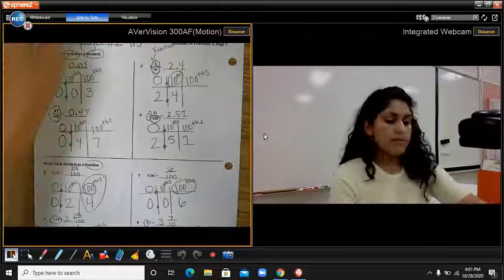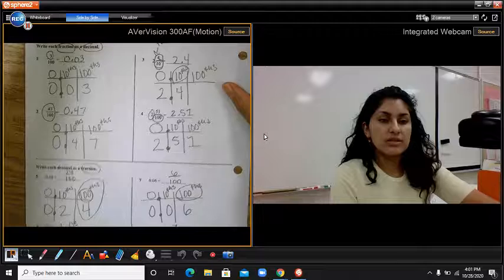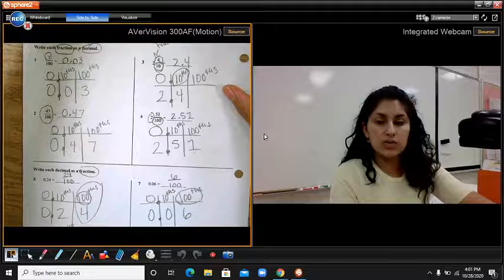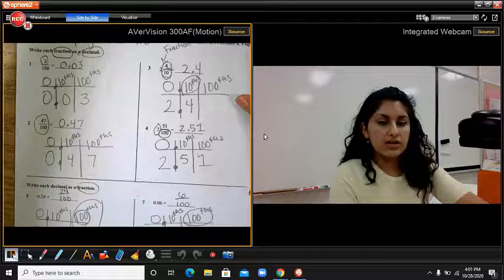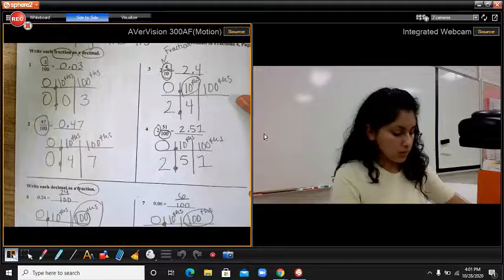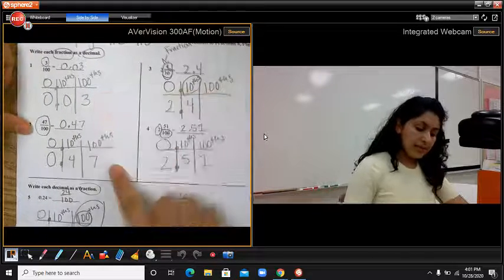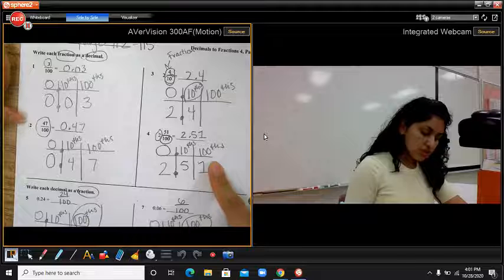So we're converting fractions to decimals and decimals to fractions. We have fractions on the top. Make sure we're writing our place value chart for each.